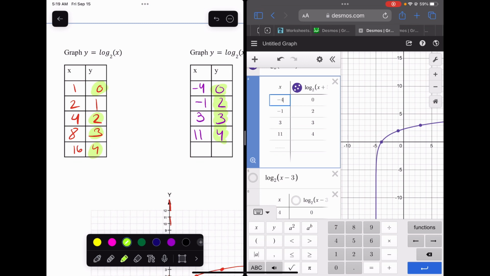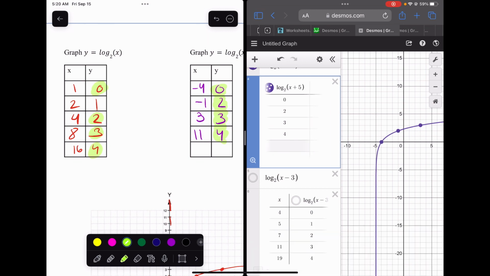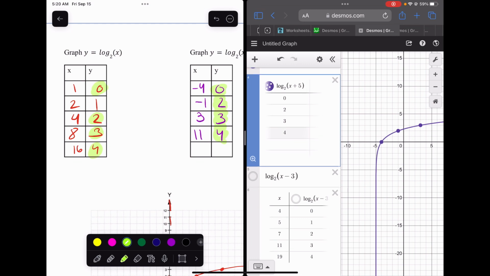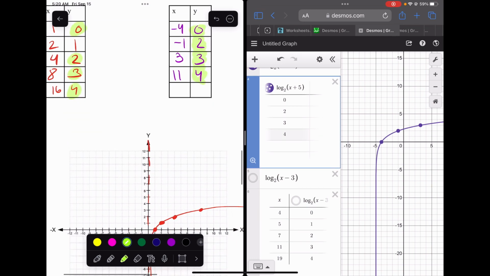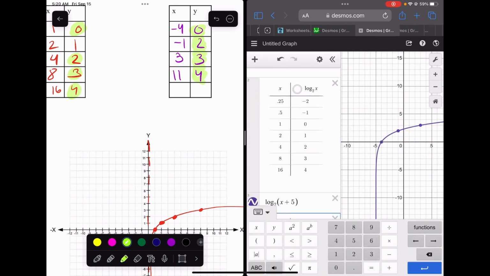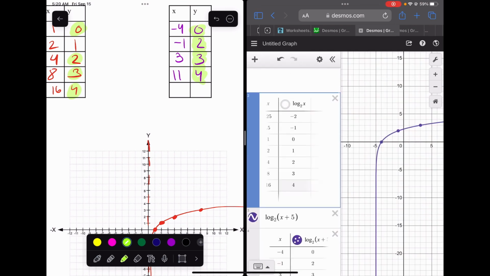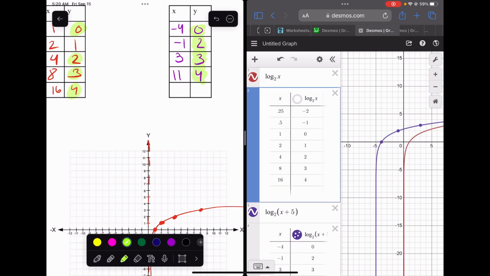So what ended up happening here, let's see, what if I put in a 1? Can I just put in a 1? Will it let me? No. All right. So what ended up happening here is the graph got shifted. So let's go ahead and look at these. I'm going to go ahead and actually graph these two.